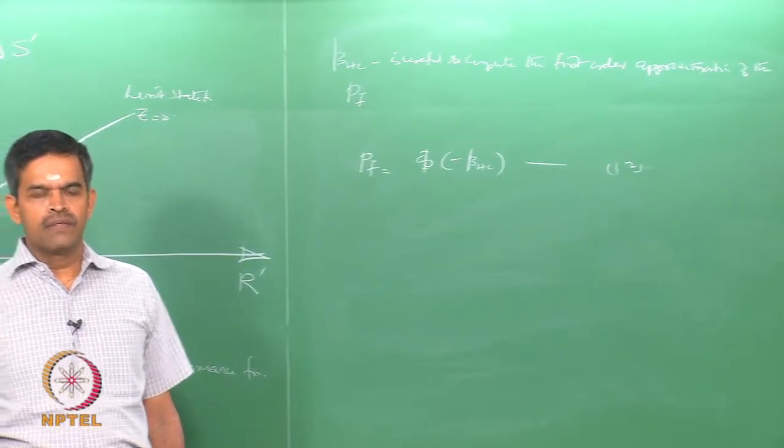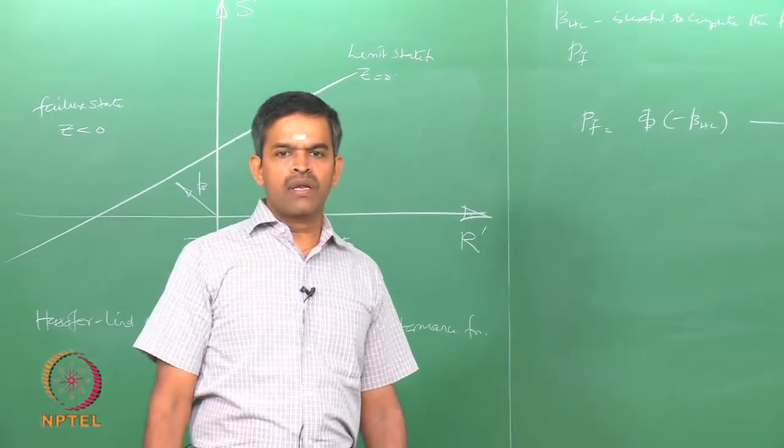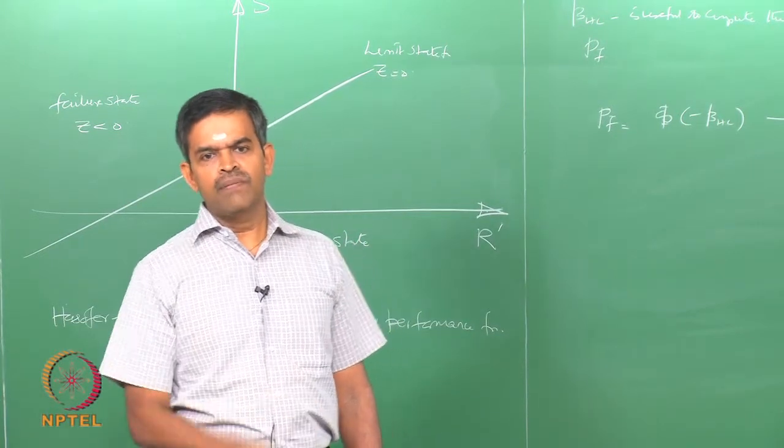Now, interestingly, this is nothing but the integration of the standard normal density along the ray joining the origin and x dash of d.